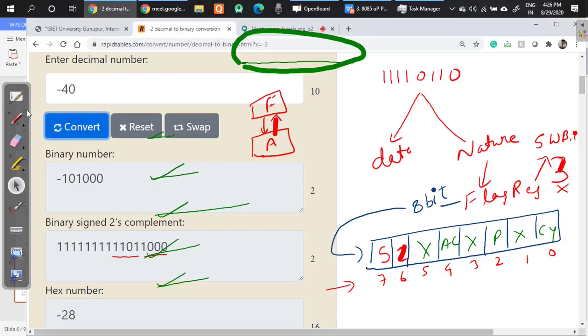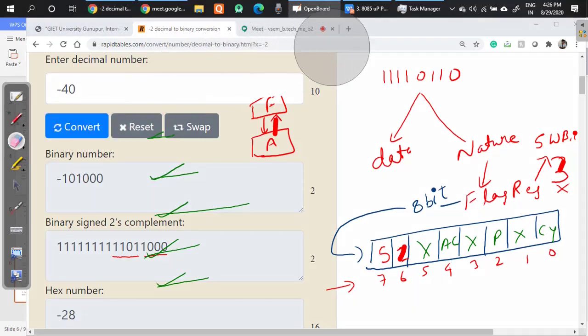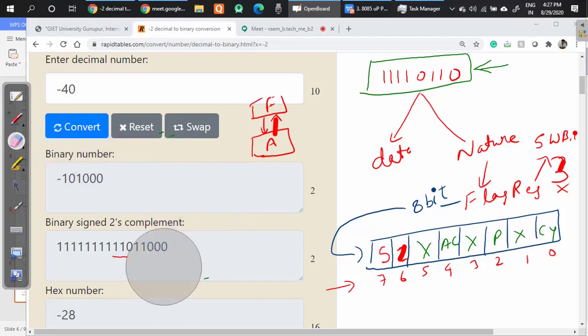Okay. So now if you look carefully, we were trying to analyze this part. Okay, so now we came to a conclusion that there are 5 flags and these are the flags. Okay, now if you look at this result, whenever any result is generated, keep in mind that all of these flags or some of the flags will surely change.